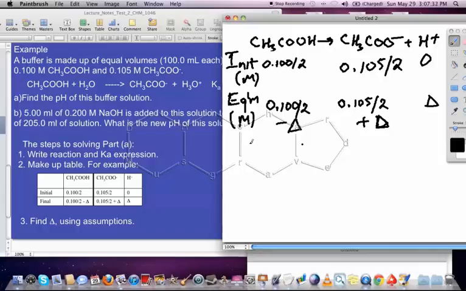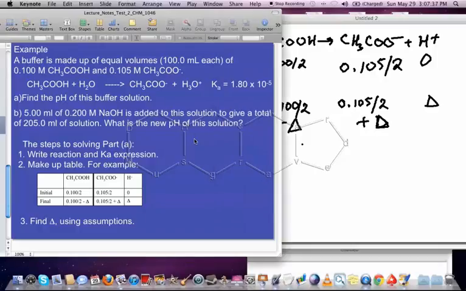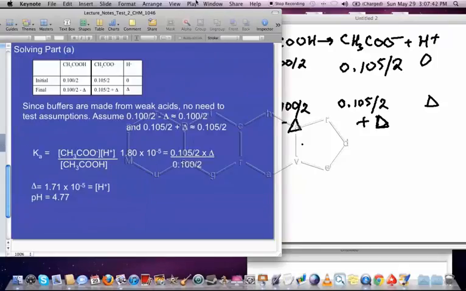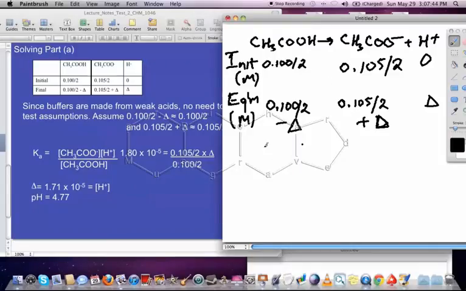Now the next thing we can do is calculate delta. Keep in mind we've got a Ka value, we've been given that with the problem. Since these are weak acids, and we know they're weak acids because they're buffers, the definition of a buffer is that it's a solution of a weak acid and its conjugate base. It has to be a weak acid, which means I can make this assumption and I don't even need to test it.